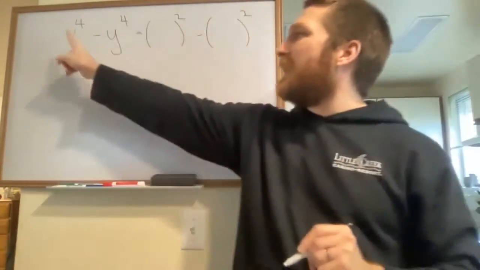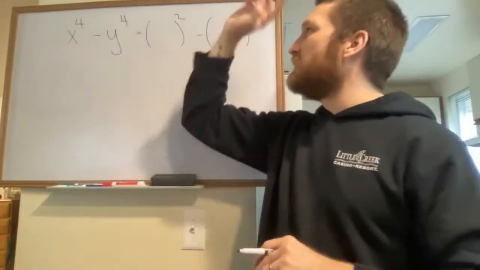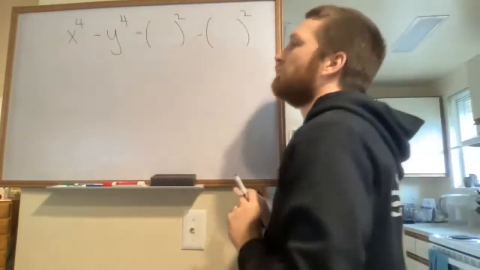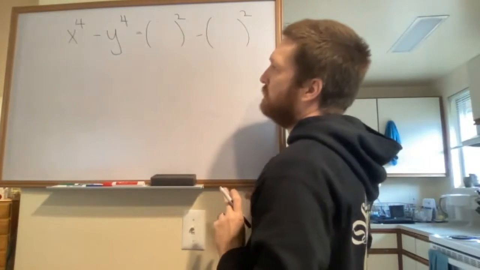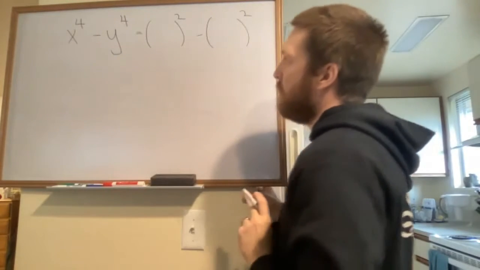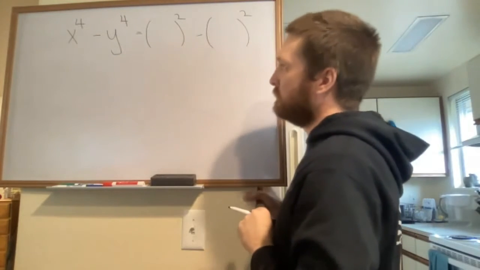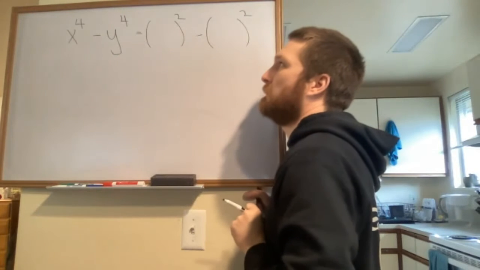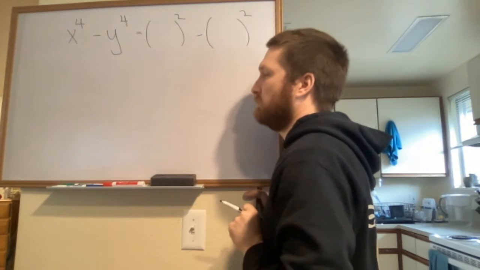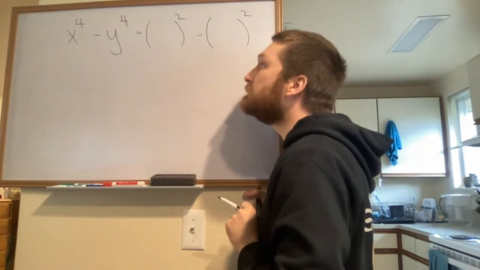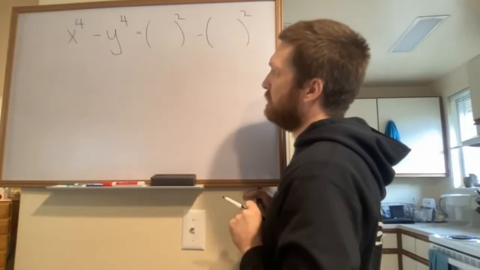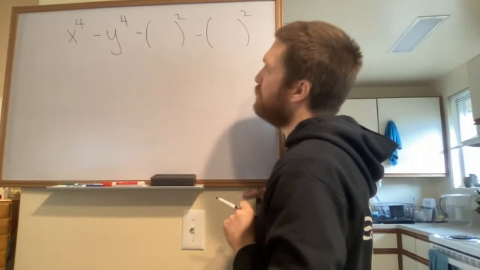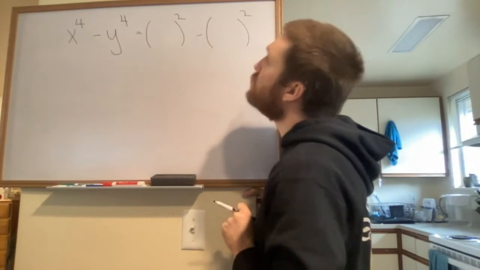So how could I write x to the fourth as something raised to the second power? X squared.